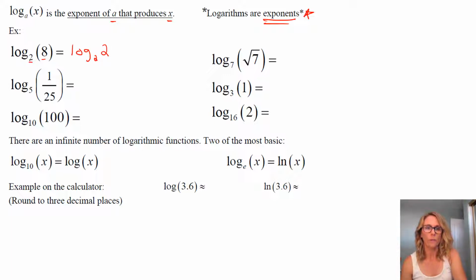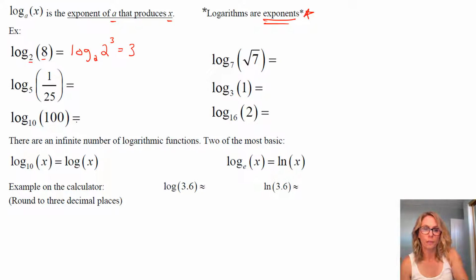If I can rewrite 8 as 2 to a power, which I can, because 8 is 2 cubed, then I have my answer. So 3 is the exponent of 2 that gives me 8. And that's how we read that.